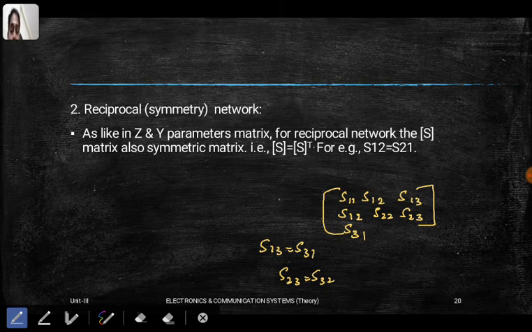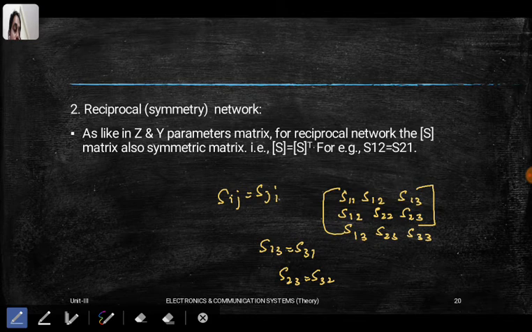Sorry, this has to be S13, this has to be S23, and this is S33. So if the network is symmetric or reciprocal, it will be just Sij equal to Sji because both are symmetric. How can you see it in the S matrix?